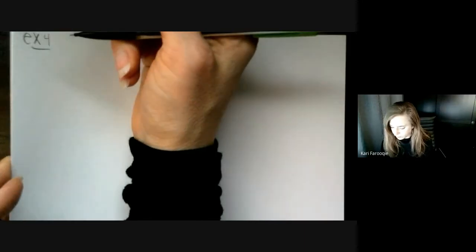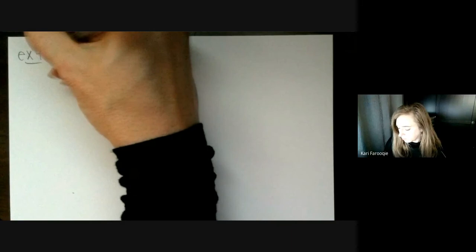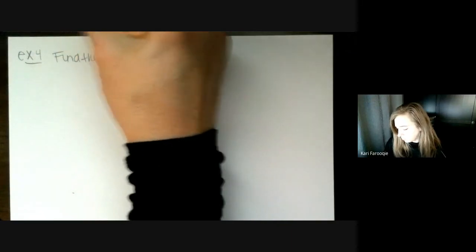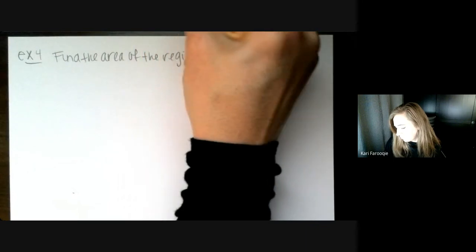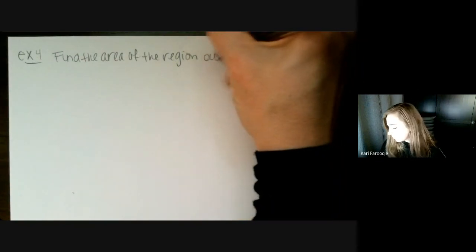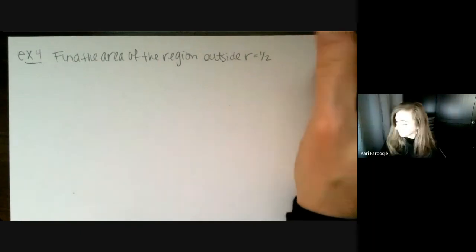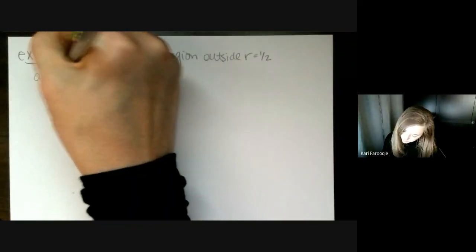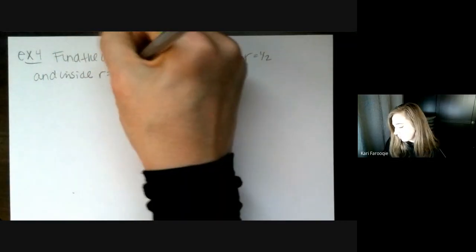Find the area of the region outside r equals 1/2, and inside r equals cosine theta.